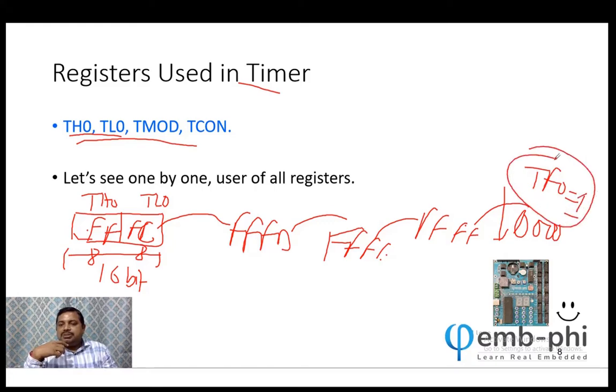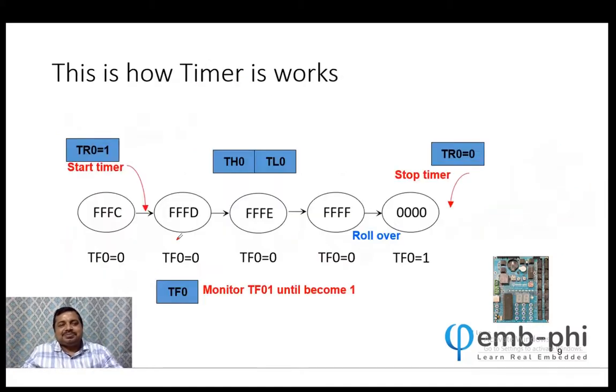Once it goes from FF to 00, it will give a signal, TF0 equal to 1. What is TF0? TF0 is a signal which says, hey look, my timer, whatever time you told me, I have done. Anyway, this diagram is coming a little further. So see, whatever value we give, and once we do some setting, which I will tell you, we write some value in TH0, TL0 and say start the timer.